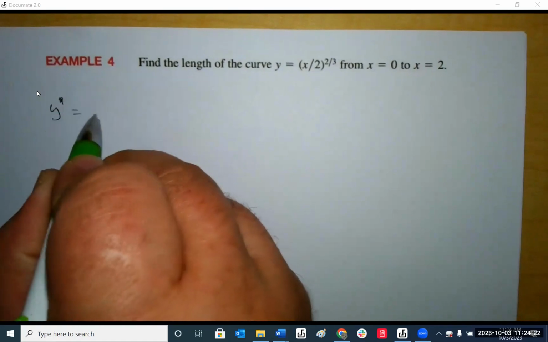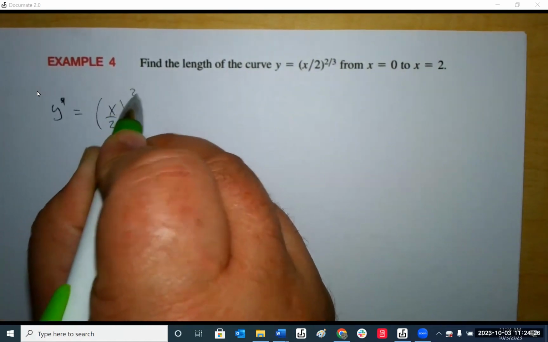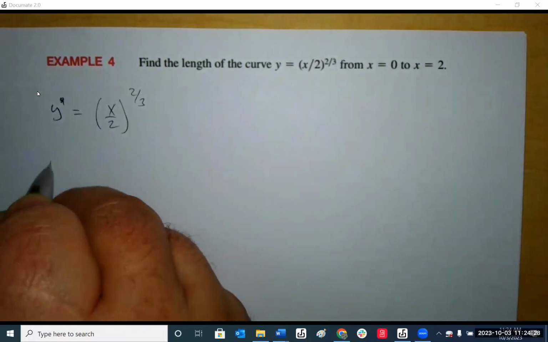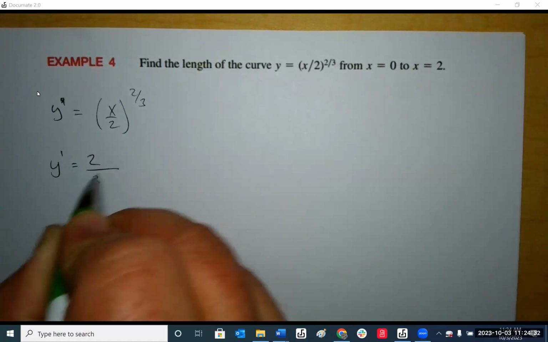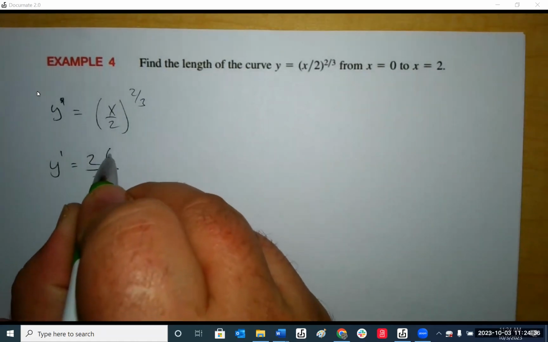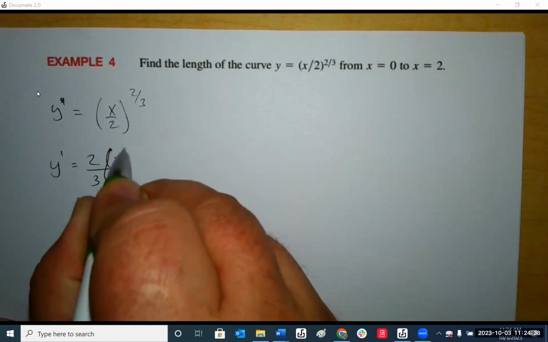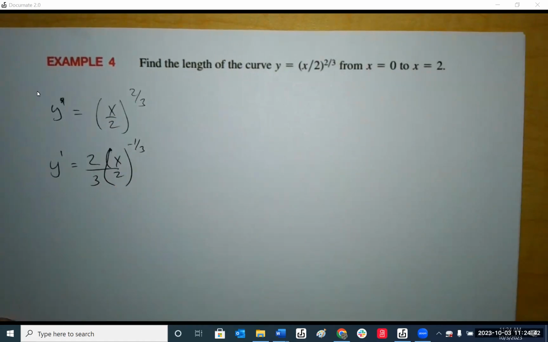So if y equals (x over 2) to the power 2/3, the derivative is 2/3 times (x over 2) to the power negative 1/3, times the derivative of the inside.